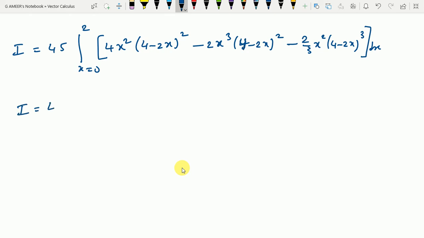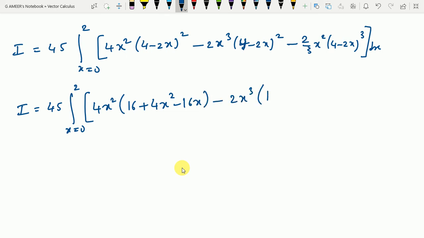I is equal to 45 into integration from x is equal to 0 to 2, 4x square into (16 plus 4x square minus 16x), using a square plus b square minus 2ab, minus 2x cube (4 minus 2x) whole square, minus 2 by 3 x square into the cube: 4 cube is 64, minus 8x cube, minus 3 into 4 is 12, 12 into 2 is 24 x.